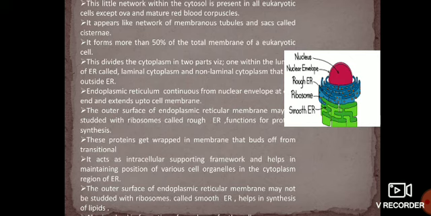In fact, smooth endoplasmic reticulum synthesizes lipids, for example steroids, and it also acts as a detoxifying agent. Detoxification is done with the help of the endoplasmic reticulum present in the liver cell. So this is how the smooth and rough endoplasmic reticulum help with different functions of the cell.